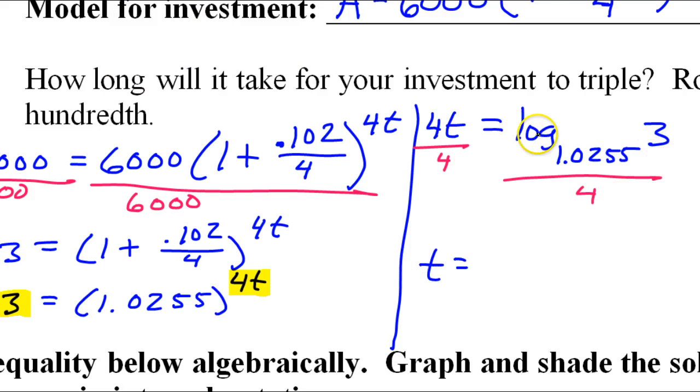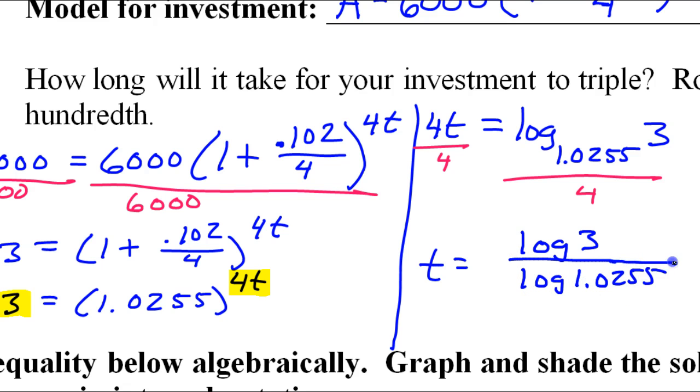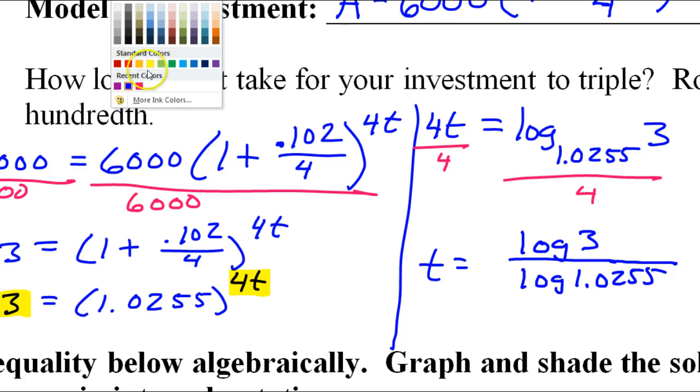Okay, so now I'm going to have t equals. So it's just a matter of evaluating this. Now, when I put this in my calculator later, I'm going to have a very compound fraction here, because the blue part, when I do the change of base formula, looks like this. It'll be log 3 over log 1.0255. Okay, but then all of that is supposed to be divided by 4.